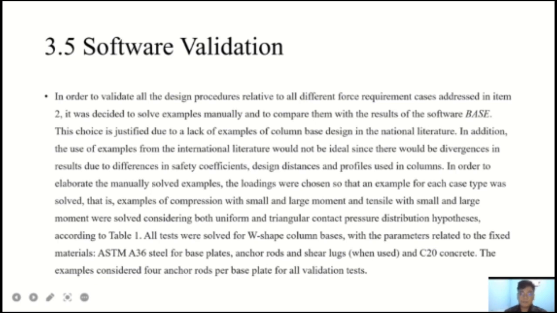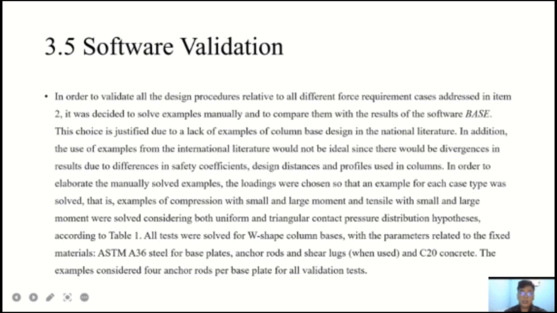In addition, the use of examples from the international literature would not be ideal since there would be divergences in results due to differences in safety coefficient, design distance, and profile used in columns. The loadings were chosen so that an example for each case type was solved.